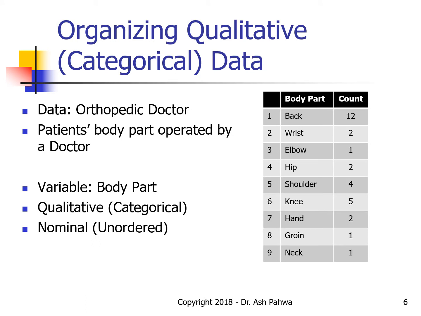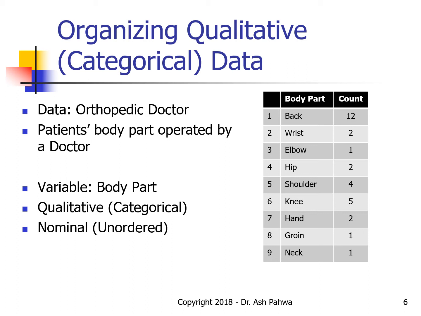So next we are going to see an example of this in a bar graph. Now let us look into this particular example. These data represent the number of surgeries which have been performed by an orthopedic doctor. This data shows the count of body parts operated upon. So this data is showing that back surgeries were 12, wrist surgeries were 2, elbow was 1, hip was 2, and so on.